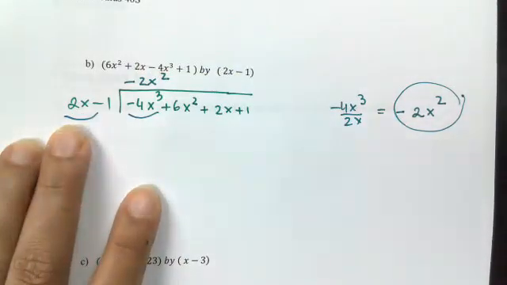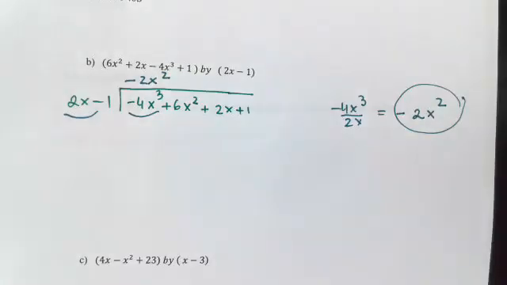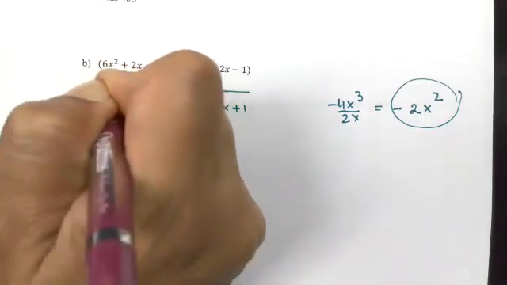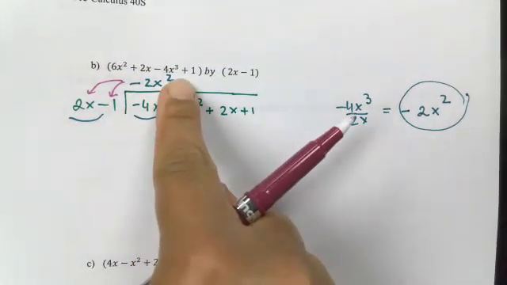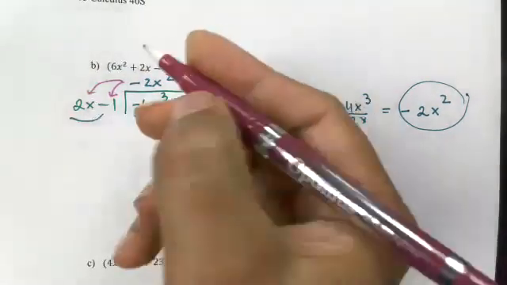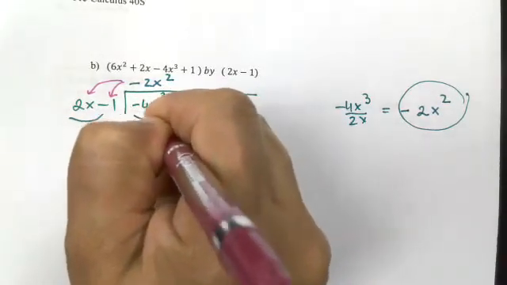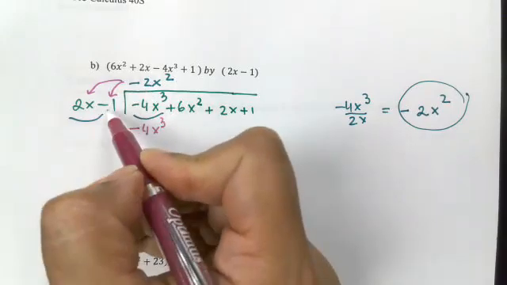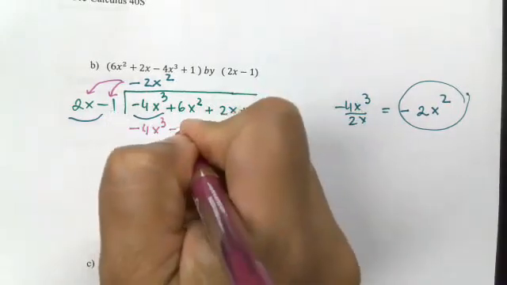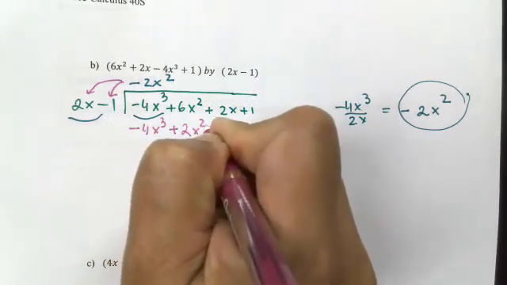So negative 2x squared, you write it there at the top. Multiply through to continue. Negative 2x squared times 2x, we get negative 4x cubed. And negative 2x squared times negative 1, we get positive 2x squared.